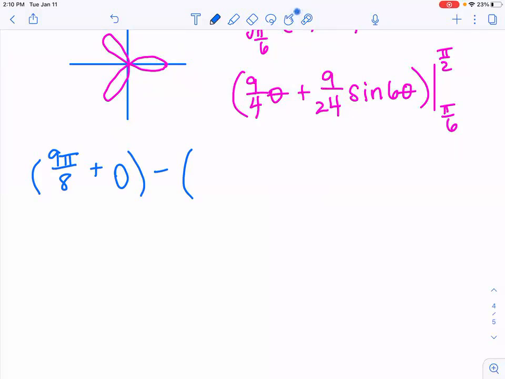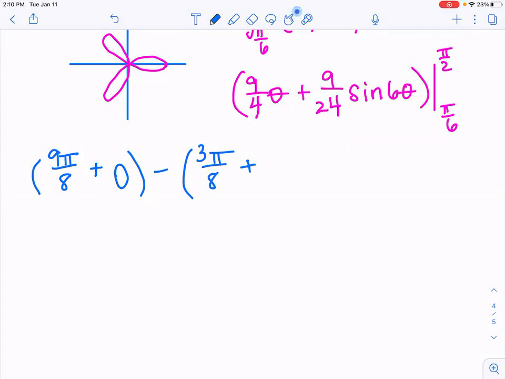Okay. Then we plug in pi over 6. So 9/4 times pi over 6. Six times pi over 6 is pi.